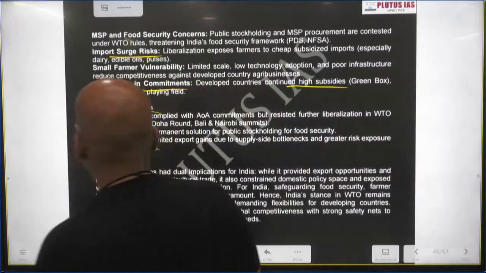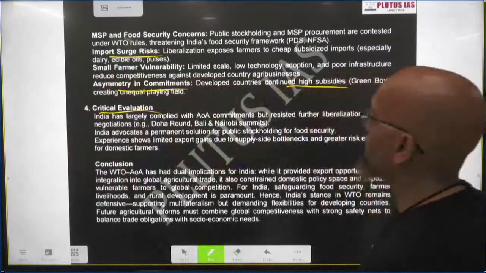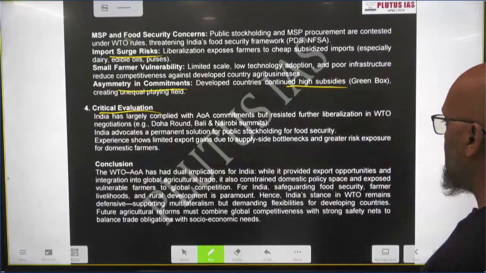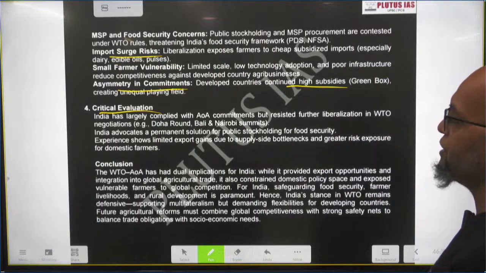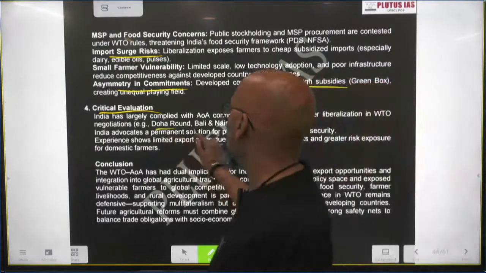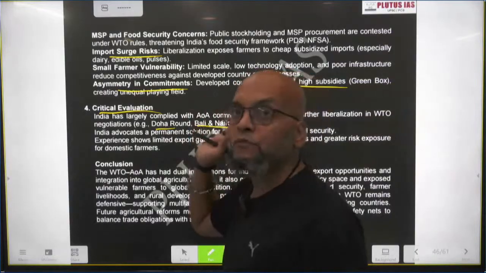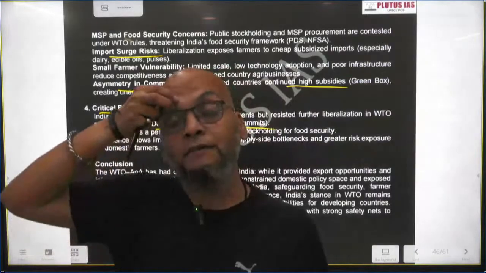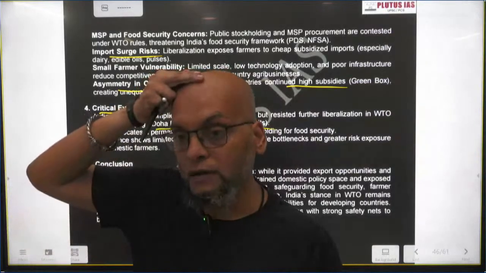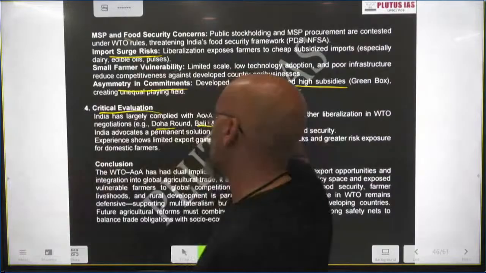Critical evaluation: India has largely complied with AOA commitments but resisted further liberalization in World Trade Organization negotiations. In Doha round, Bali and Nairobi summit, India opposed this regime that we should not give subsidies to our farmers and we should reduce our tariffs.